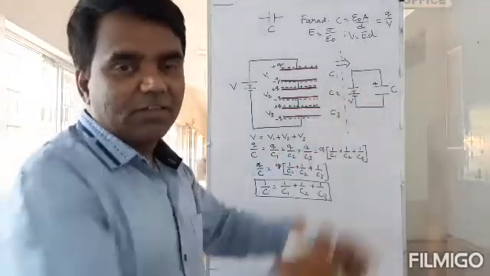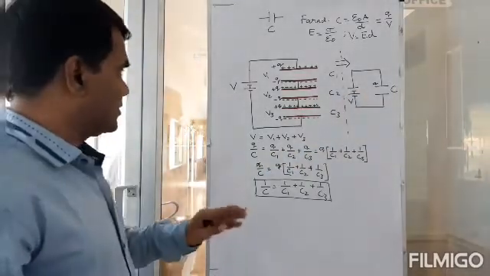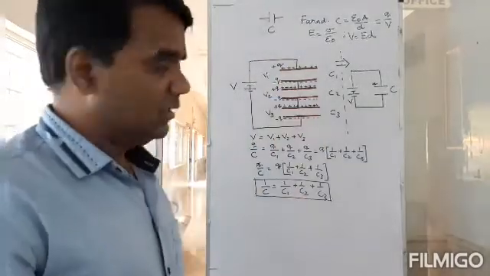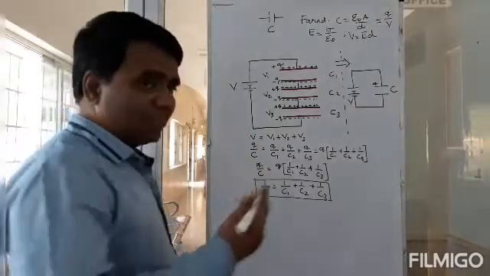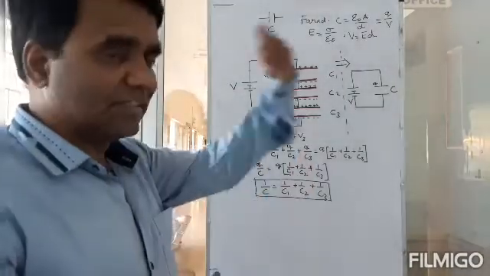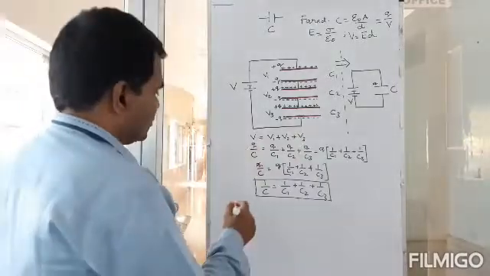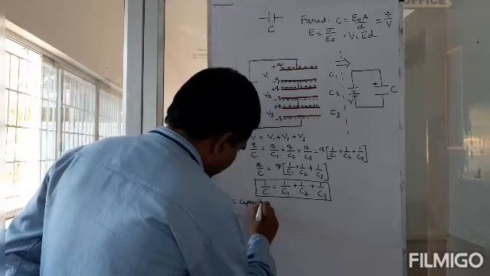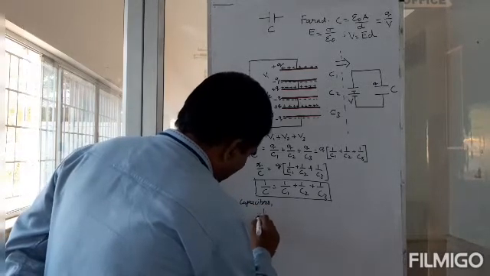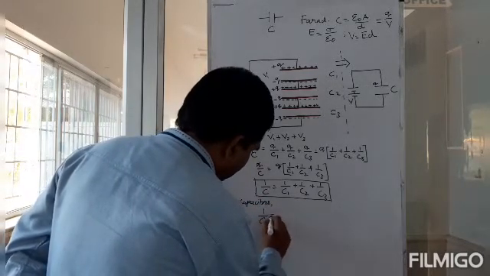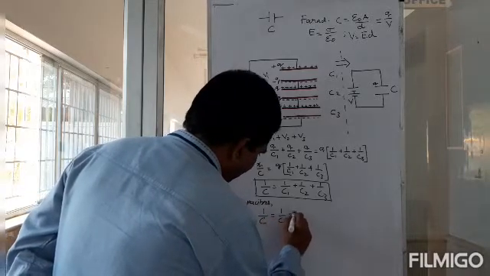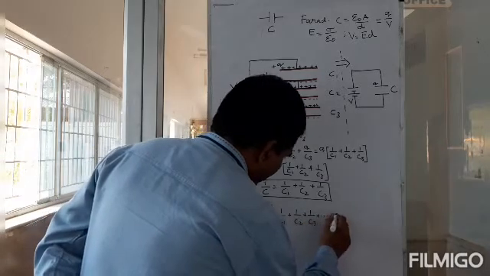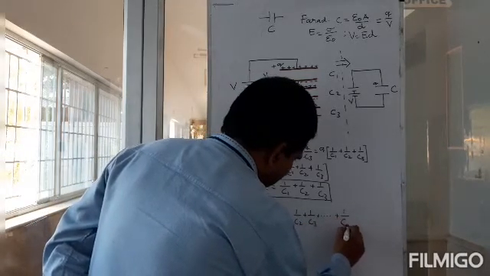I can generalize it for any number of capacitors, right? Suppose I have n number of capacitors connected in series in this circuit. Then the effective capacitance will have a relationship with all these capacitors like this. So if you have n capacitors, then I have 1 by C is equal to 1 by C1 plus 1 by C2 plus 1 by C3 all the way plus 1 by Cn.